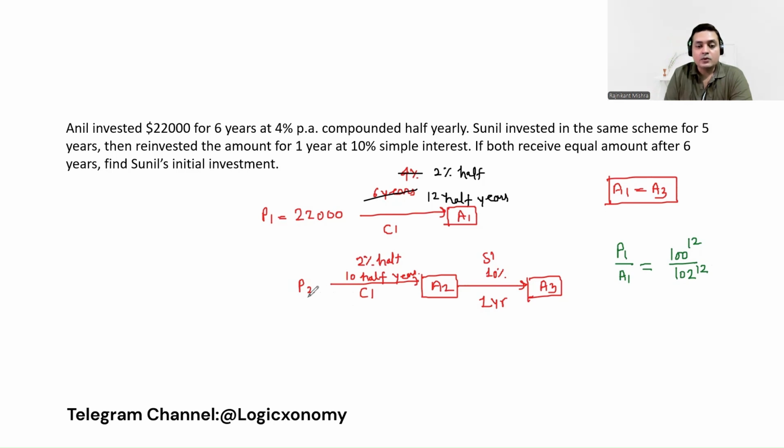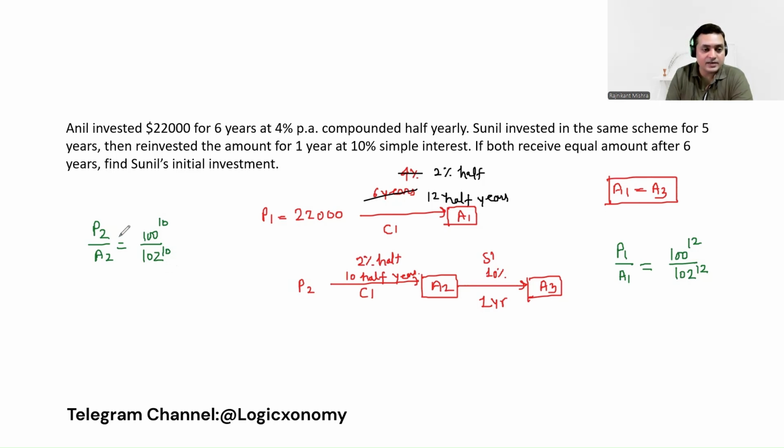But what is the ratio between P2 and A2? Here the ratio for 1 half year is obviously 100:102, but here there are 10 half years, so we need to multiply this ratio 10 times, and the ratio becomes 100 to the power 10 by 102 to the power 10. This means if 100 to the power 10 is invested, it becomes 102 to the power 10 after 5 years.